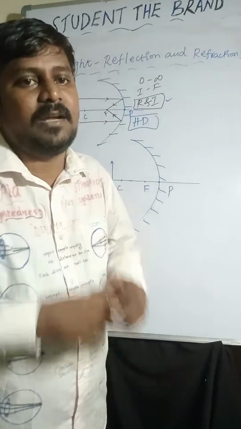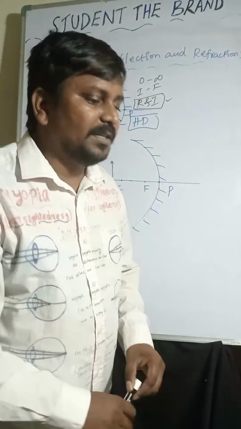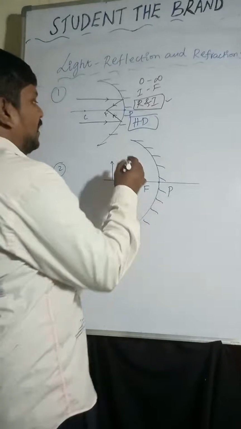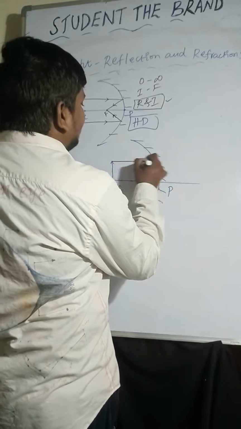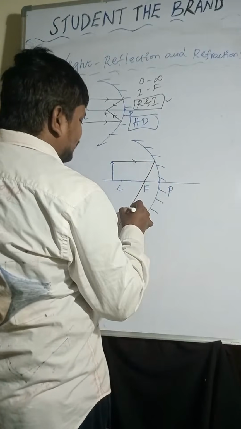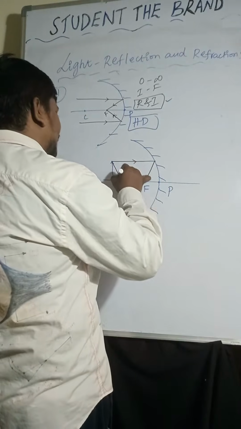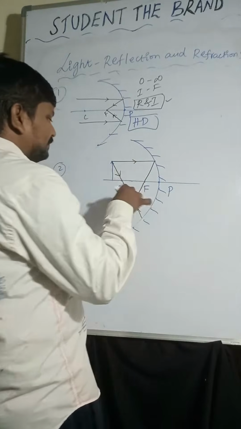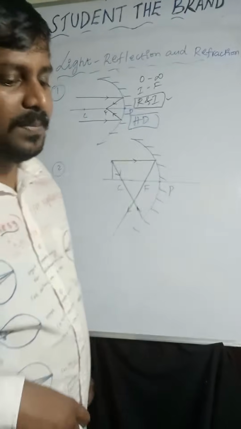Minimum 2 light rays are required. I am taking one light ray like this; after reflection it passes through focus. Another light ray I am taking like this; after reflection, it retraces its original path.